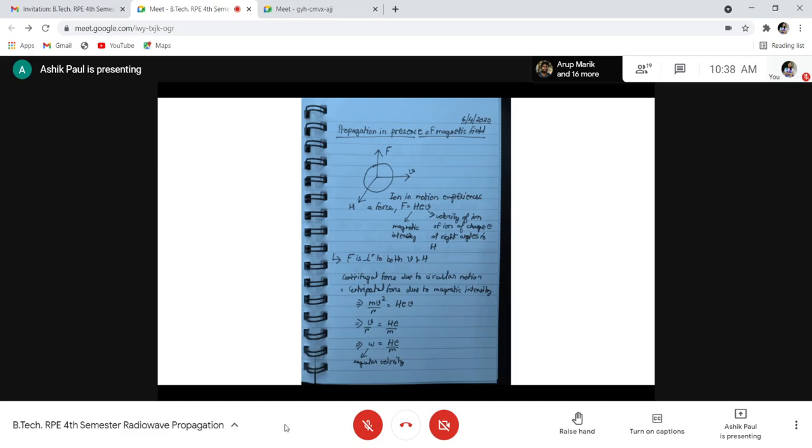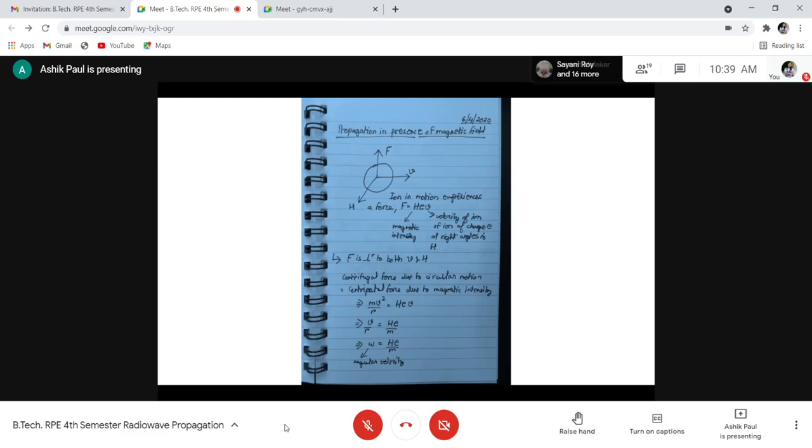So we have a situation which we are dealing with in parts. First, we assume that the electric field is fluctuating. We dealt with the situation that under the influence of that kind of fluctuating electric field, the electrons or ions are moving following a certain pattern, and we derived the condition for reflection from an ionized atmosphere. And now we will deal with the propagation in the presence of a magnetic field which is kind of constant.